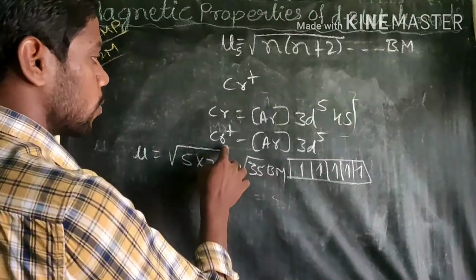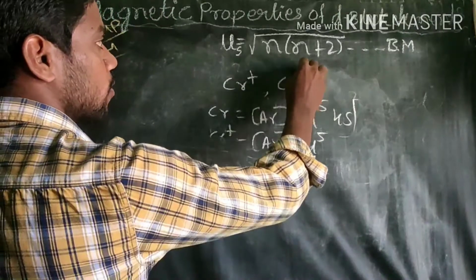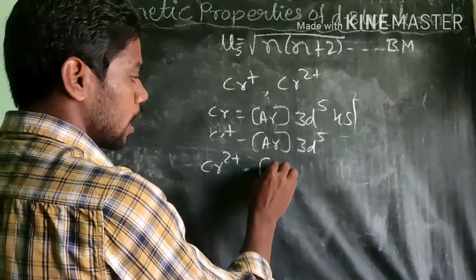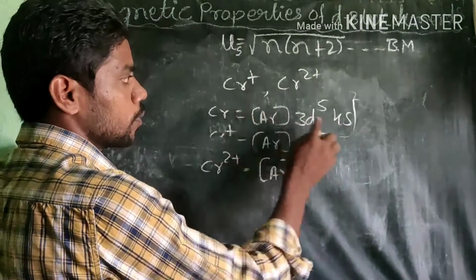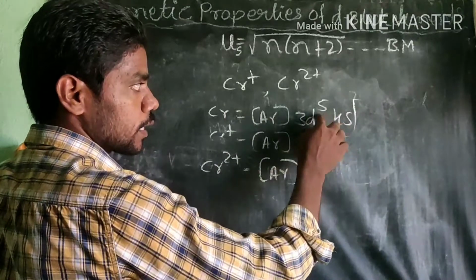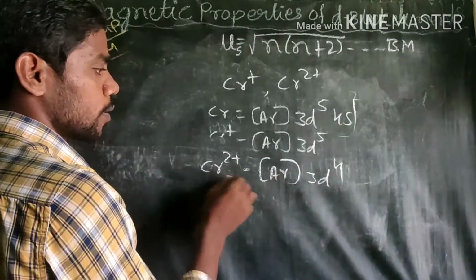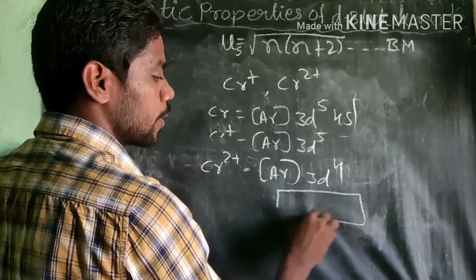If instead of chromium 1+, they are asking chromium 2+, what is that answer? For chromium 2+, we have to remove 2 electrons from chromium: 1 electron from this one, and the next electron from 3d. Therefore, the chromium 2+ electron configuration is argon 3d4. Next, how many unpaired electrons?